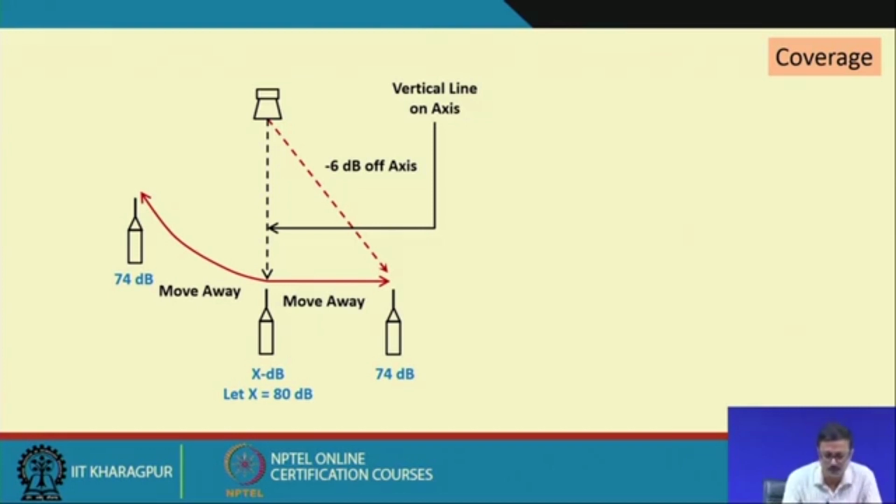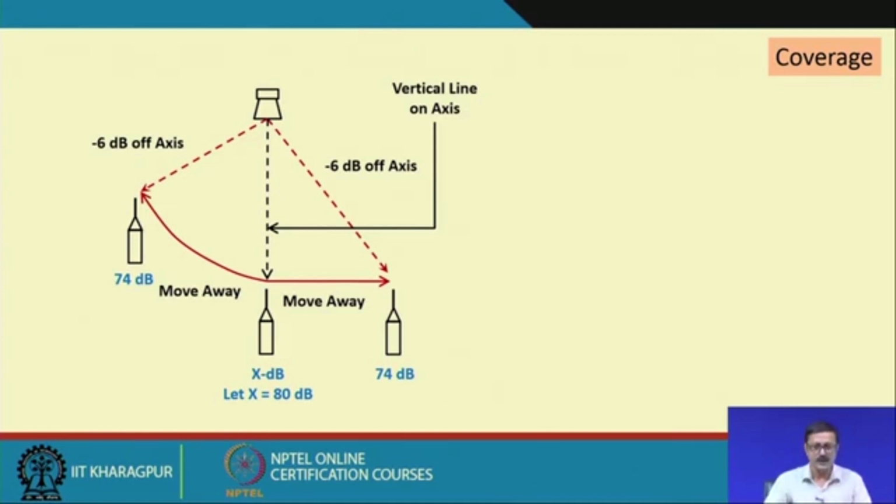By virtue of this circular movement, suppose at this particular point you again record 74 dB, which was 80 dB on axis. Again I can join the midpoint of the loudspeaker and this particular point, and that is also called minus 6 dB off axis.